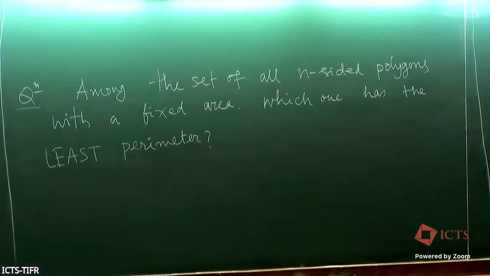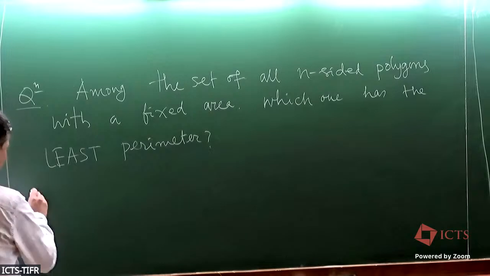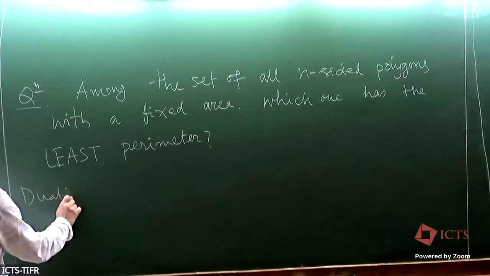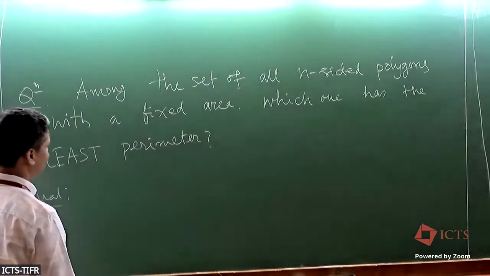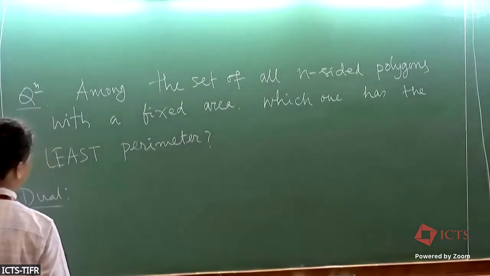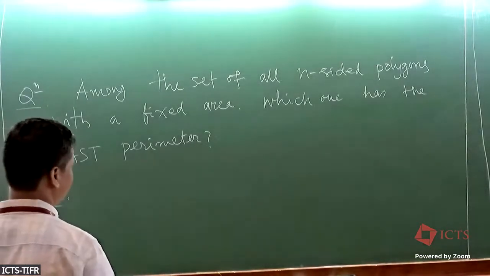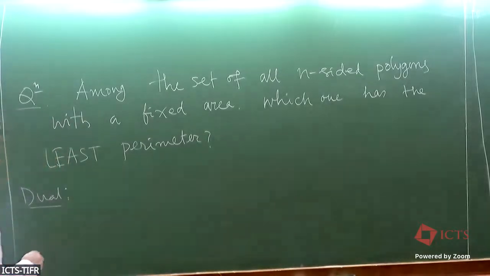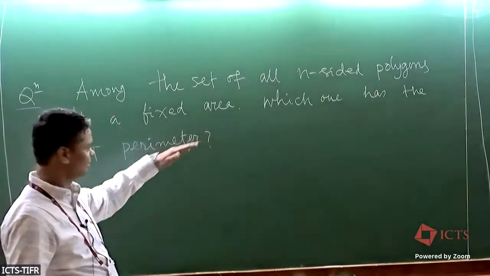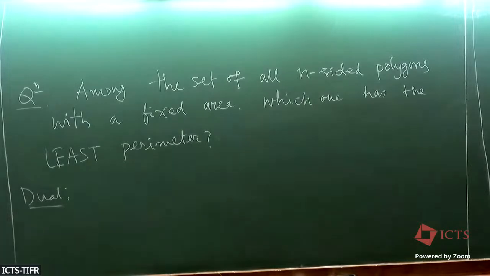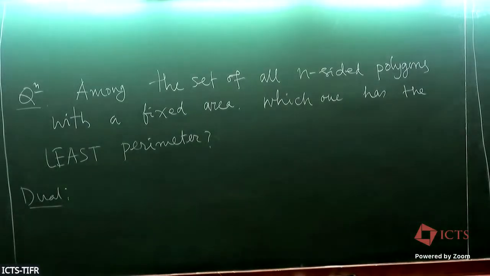It has an equivalent dual problem. This asks that among the set of all n-sided polygons with a fixed perimeter, which one has the largest area?